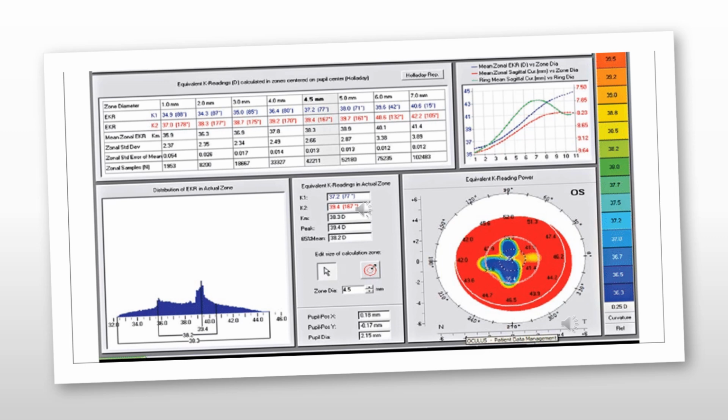You also get the pupil X and Y coordinates, which I would regard as the angle kappa. And so this is how we actually read the Holladay EKR map. You can take these values and put them into any IOL calculation formulas, which was explained in the last slide.